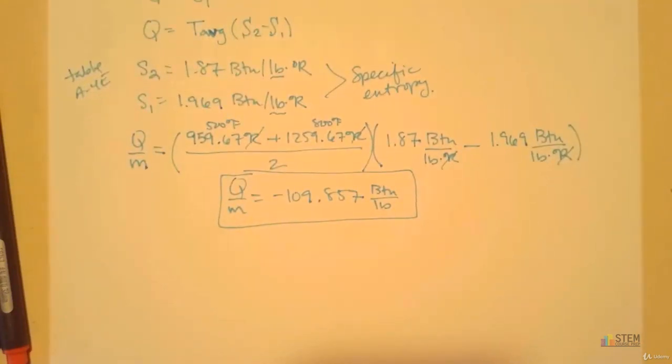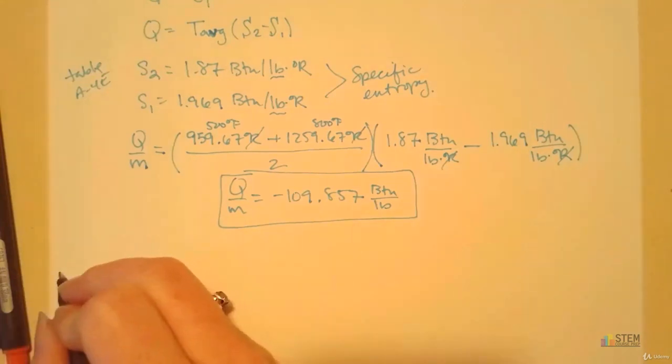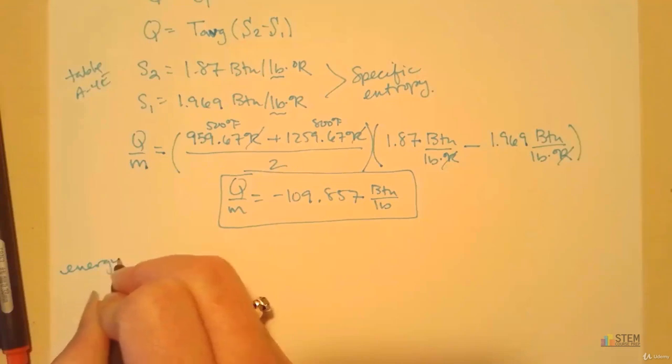Now let's go ahead and we want to find work. Now for work, what we're going to do is we'll use our energy balance equation. That's going to be the easiest thing to do here.